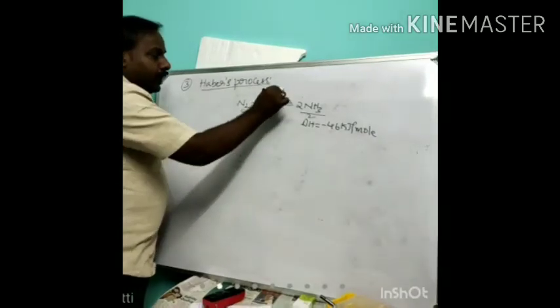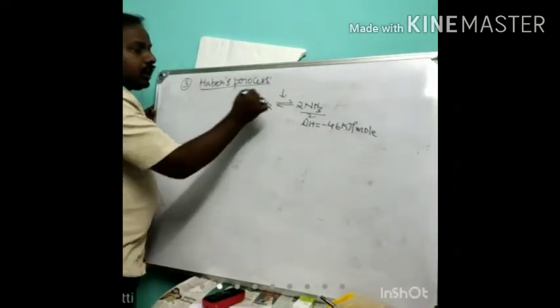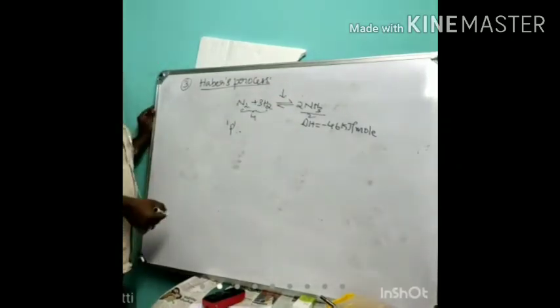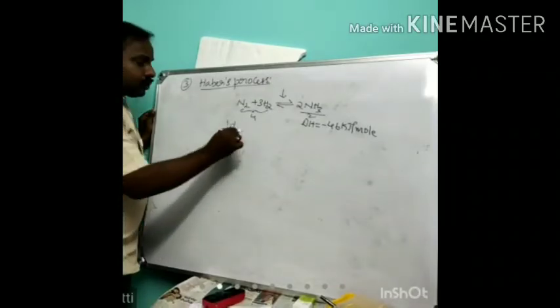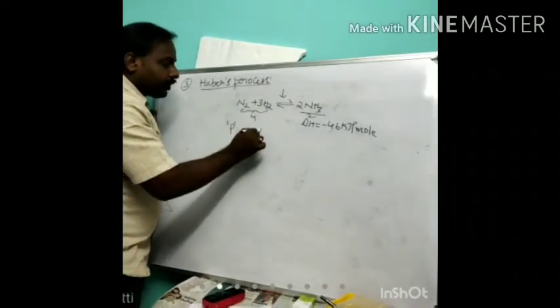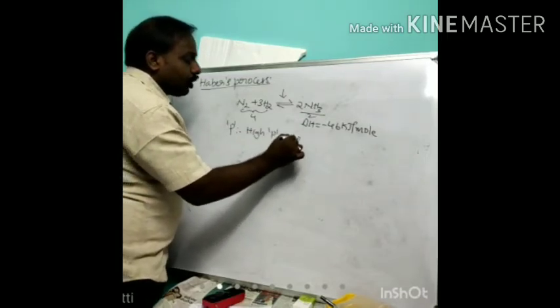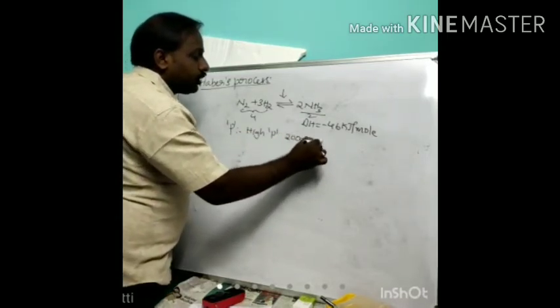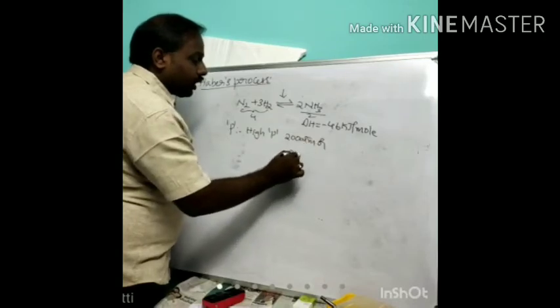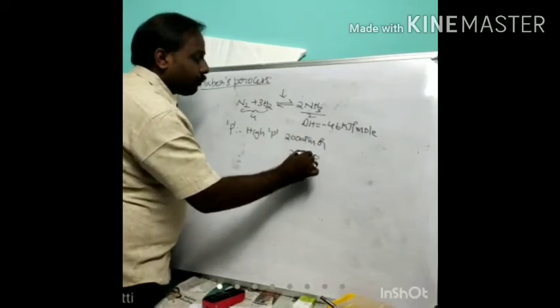So when you apply high pressure, the reaction will proceed in the forward direction. So the favorable condition for the formation of ammonia is high pressure, that is 200 atmospheres or 200 into 10 power 5 pascals.